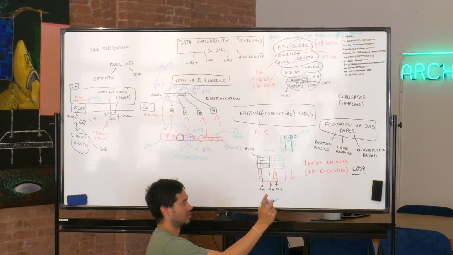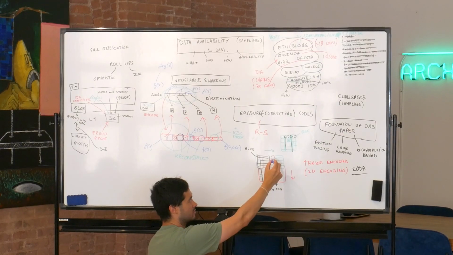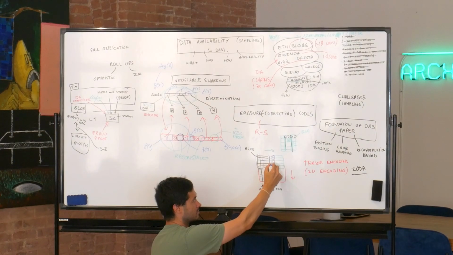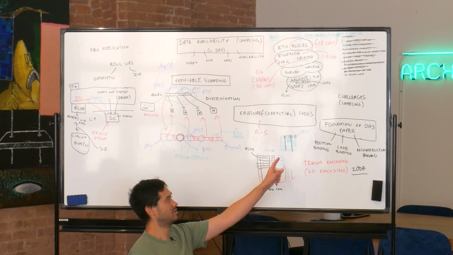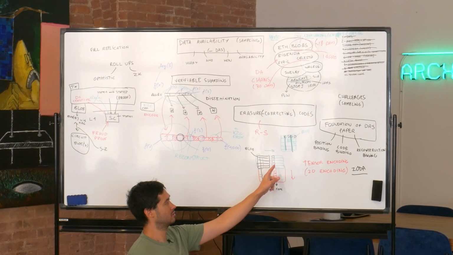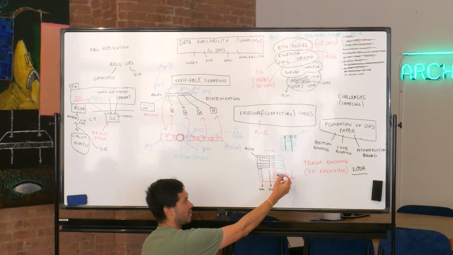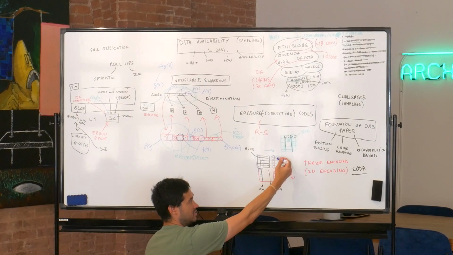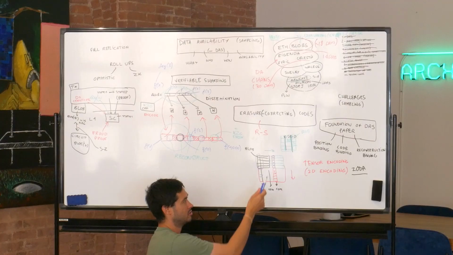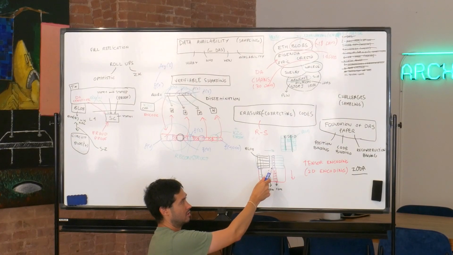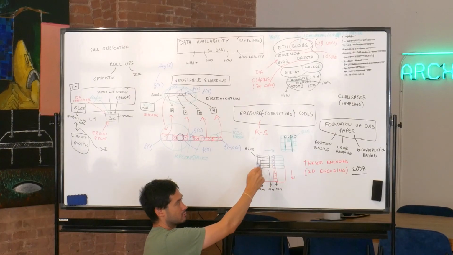Now, what's not clear is that if we look at the extended data here, and these cells, we know these values are a correct encoding of these values, right? But we don't know if these values are part of a correct encoding of the rows.